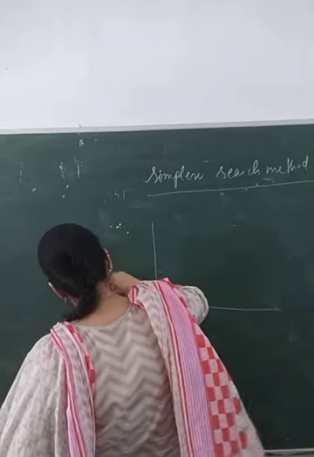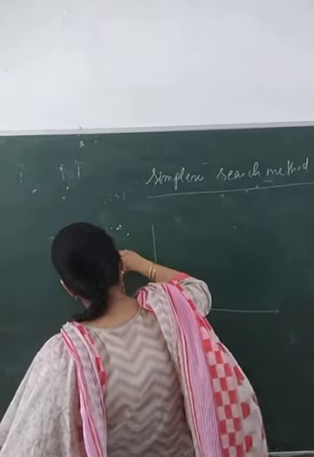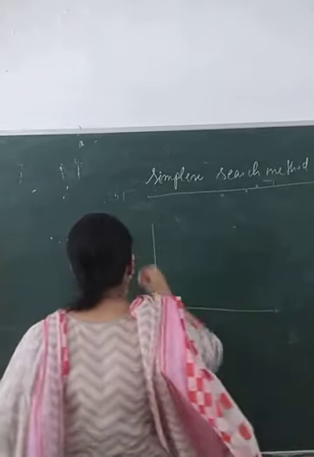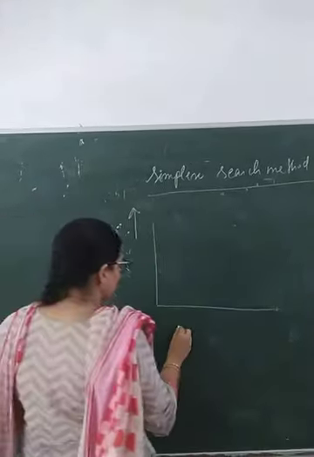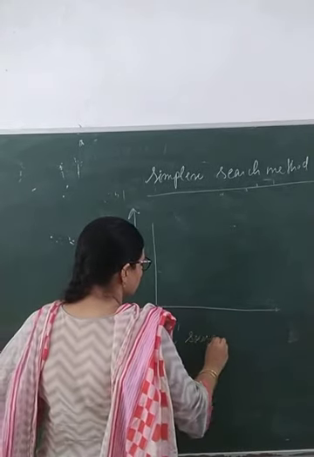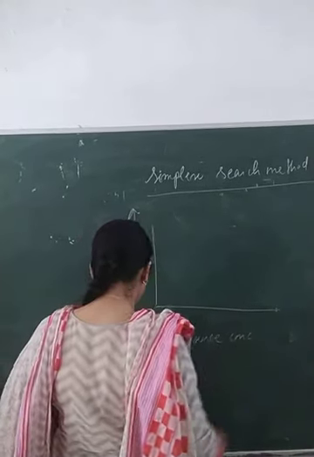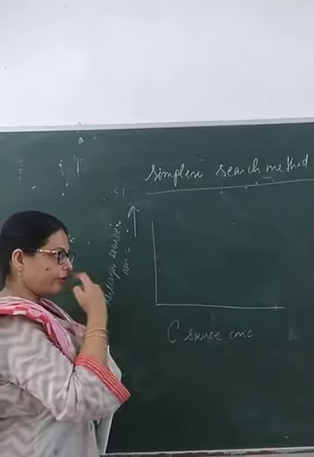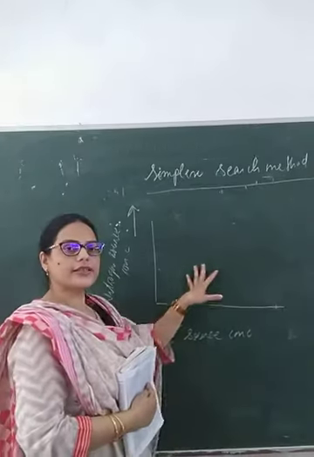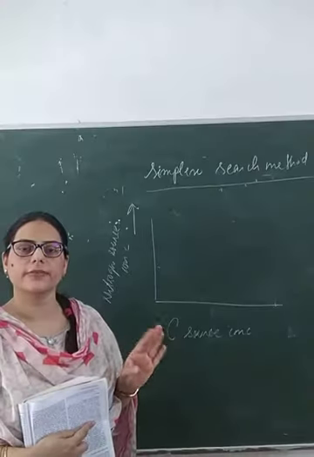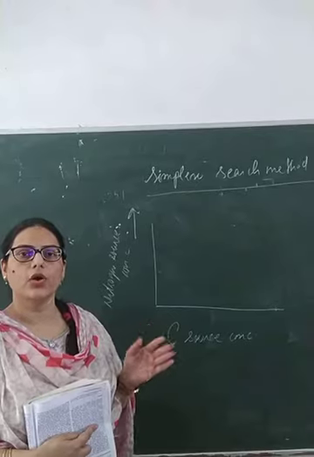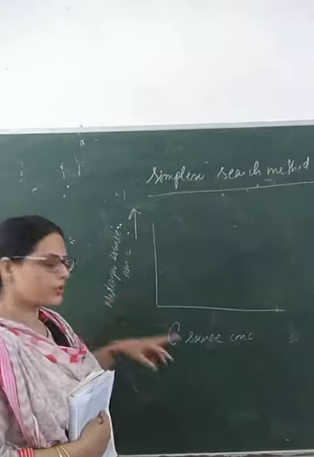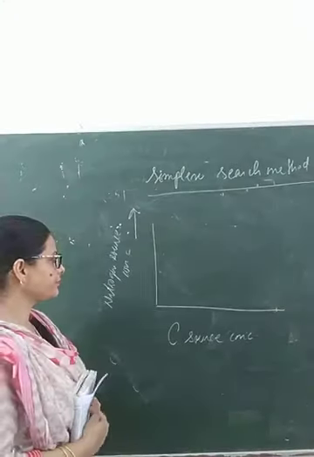Nitrogen source concentration on the y-axis, and carbon source concentration on the x-axis. So the difference here is that in this area we are not plotting the response, but we are plotting the value or the concentration of the variables that we select. Here in this case, nitrogen source and carbon source.